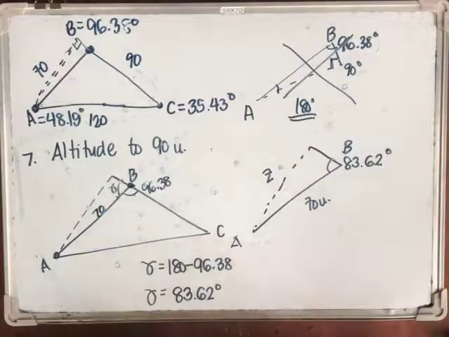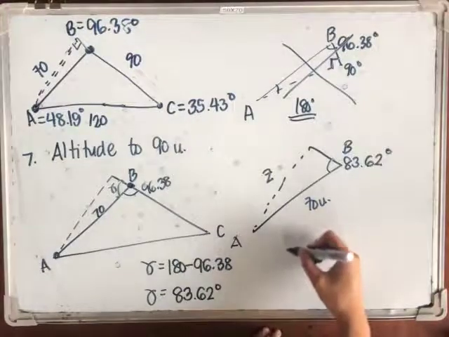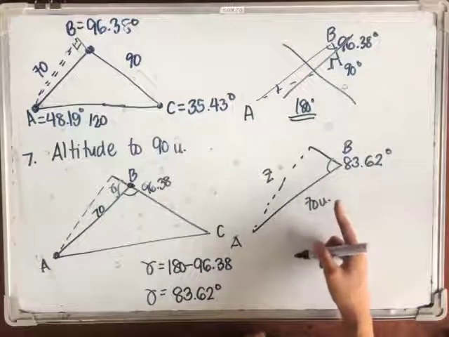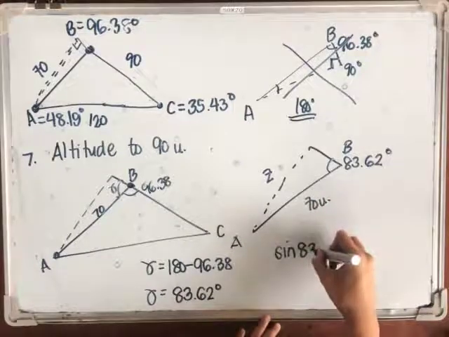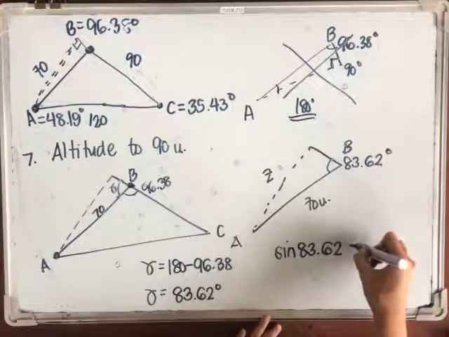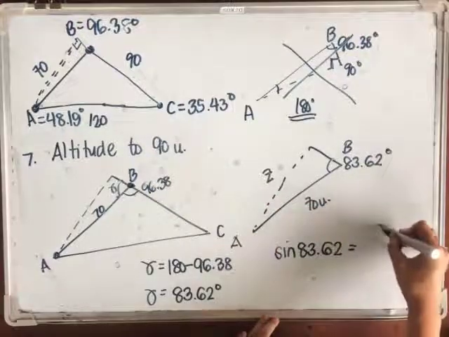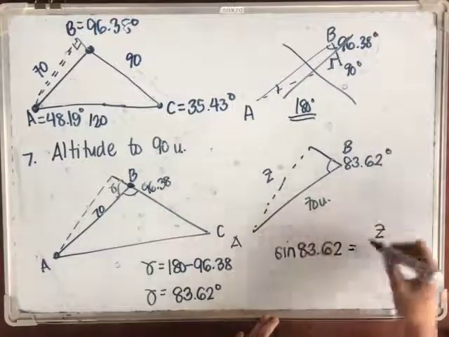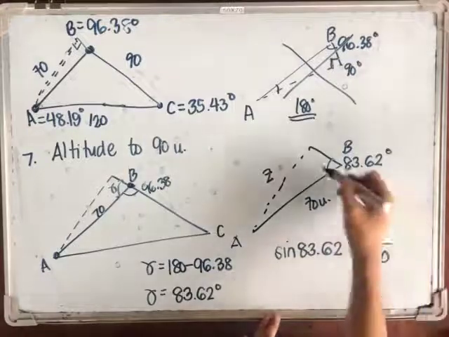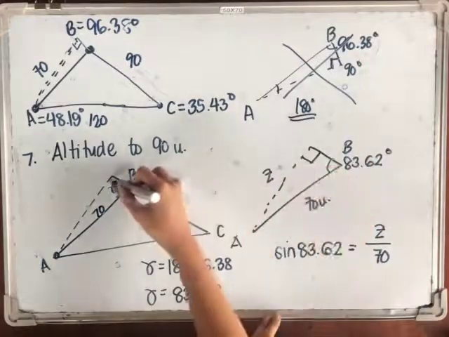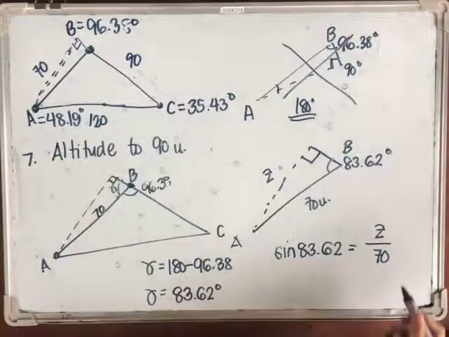So how are we going to compute for Z? We are just going to employ our trigonometric functions, that is the sine of 83.62. Sine is opposite, that's Z, over hypotenuse, this is 70. Don't make a mistake, because the 90 degrees is here. Since it's an altitude, the 90 degrees is there.